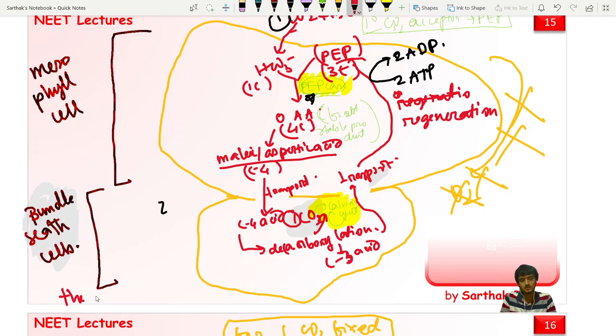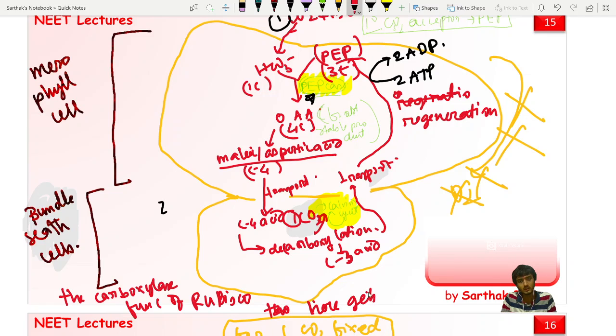the carboxylase function of Rubisco here gets maximized. Let me write this in the next slide.